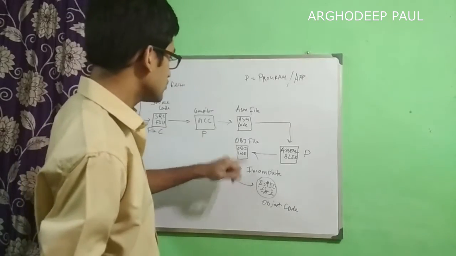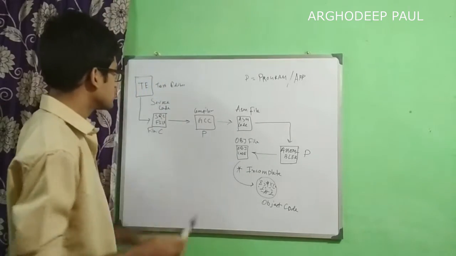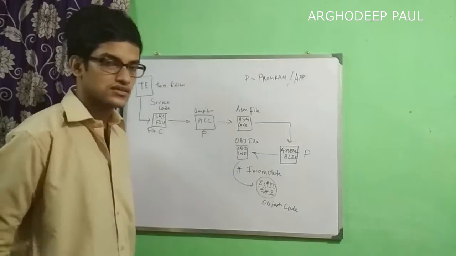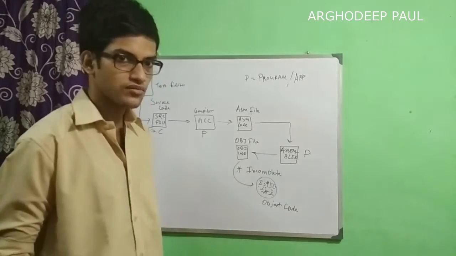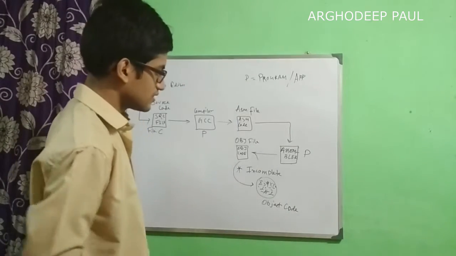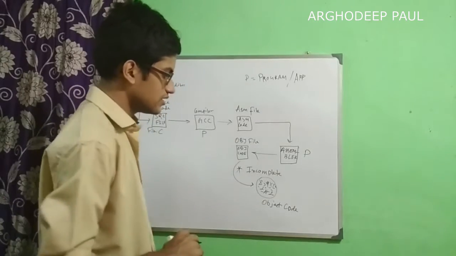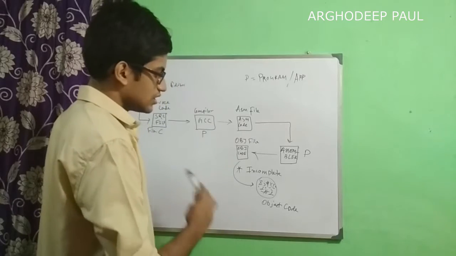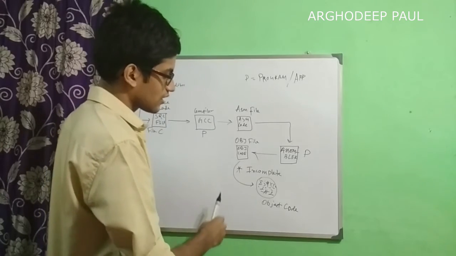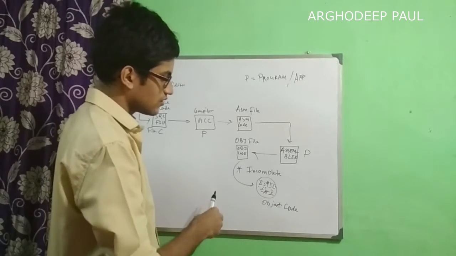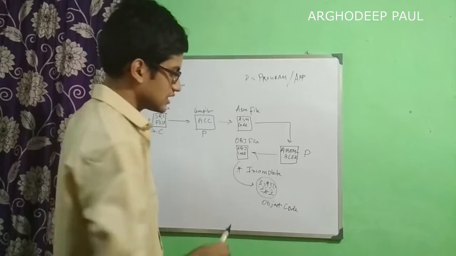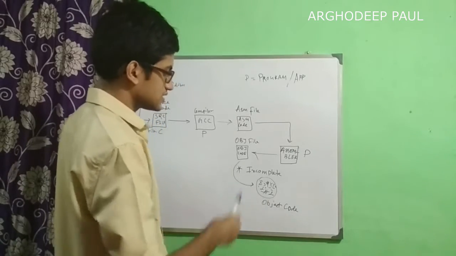Then the object code will look like this. If you have access to the object code, then after opening the object file using some text editor or Word processor, you will see that the codes inside the object file, also known as the object code, look like this: a series of garbage characters.